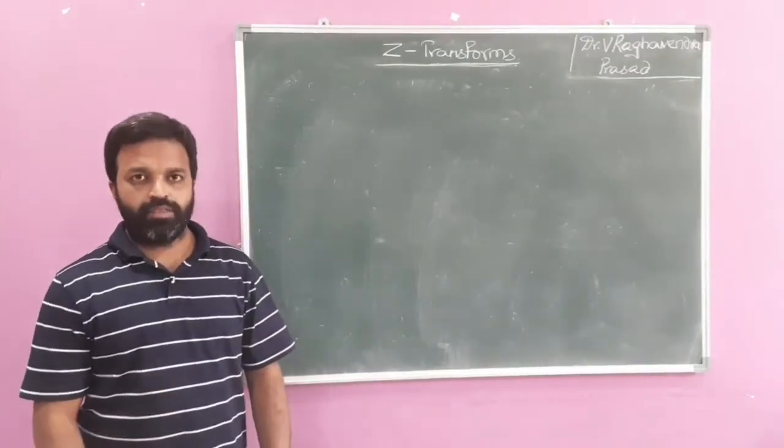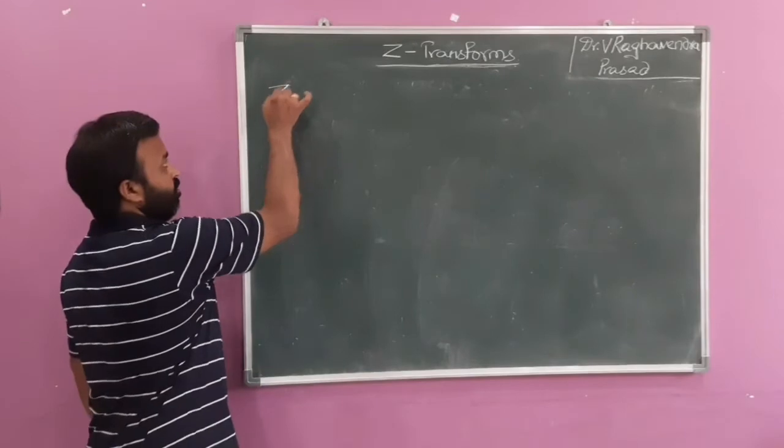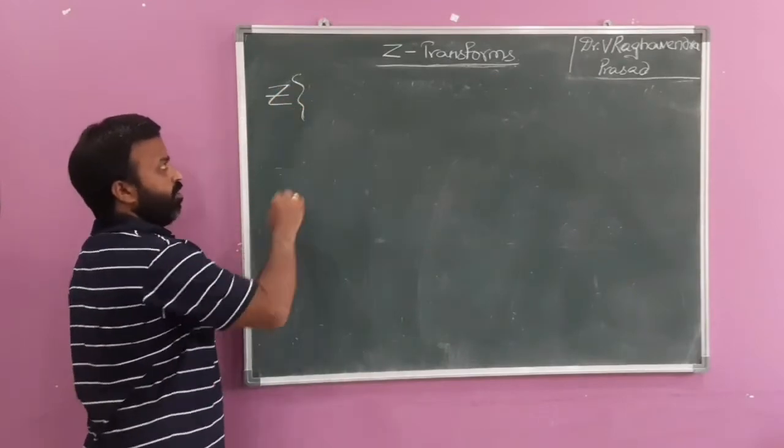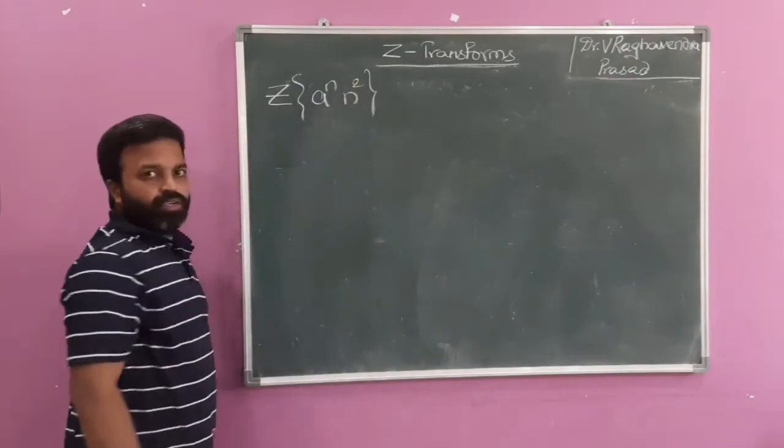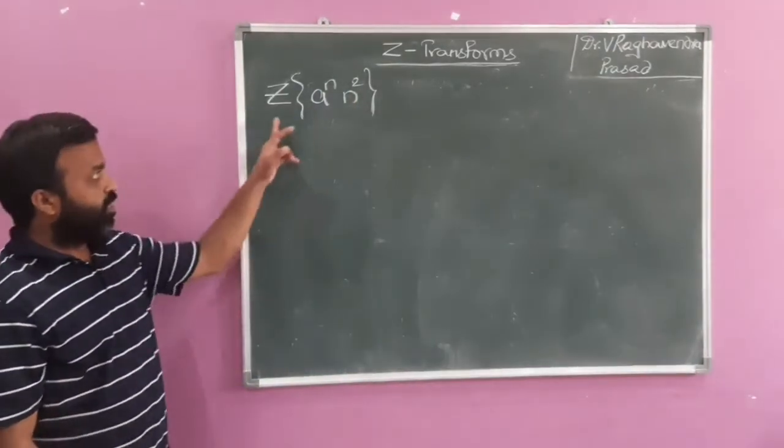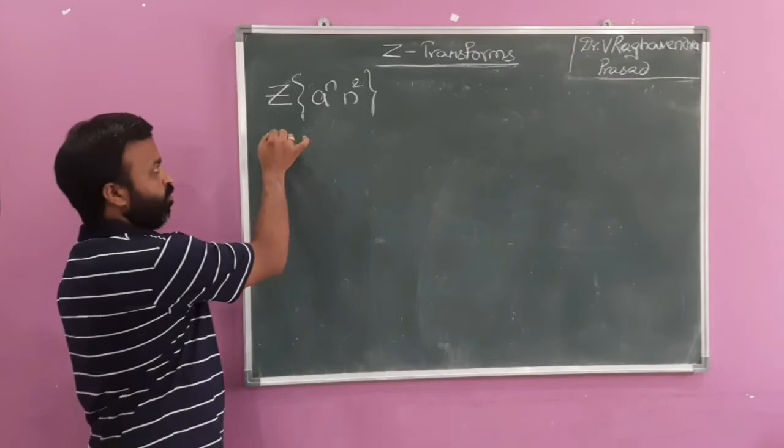And we will find another one, the z transform of a power n into n square, again by using the change of scale property. For this we need to find the z transform of n square first.